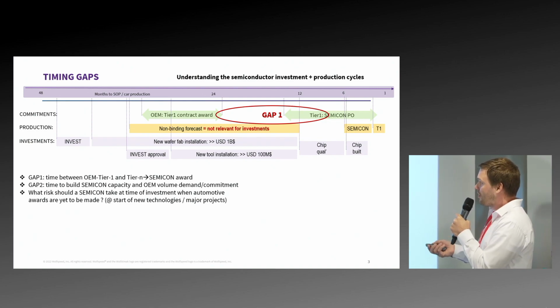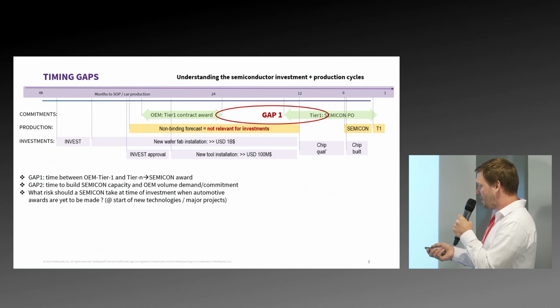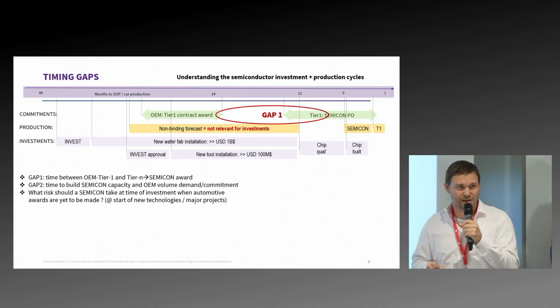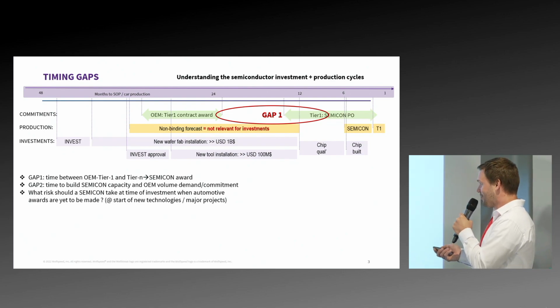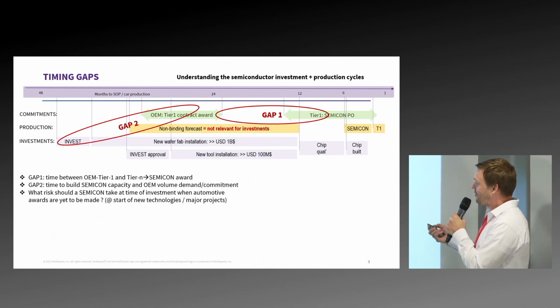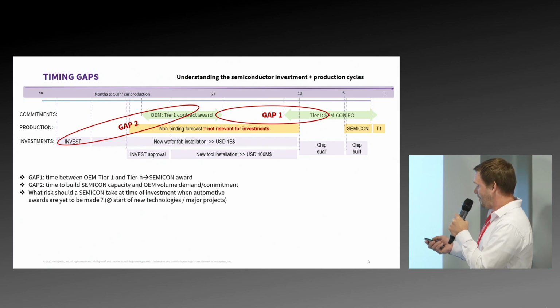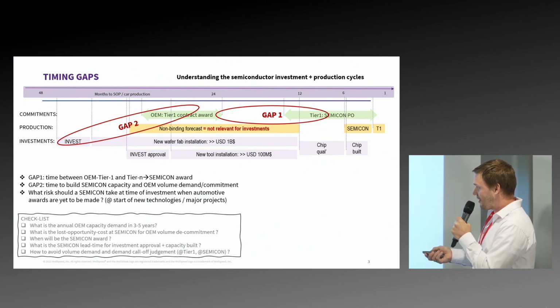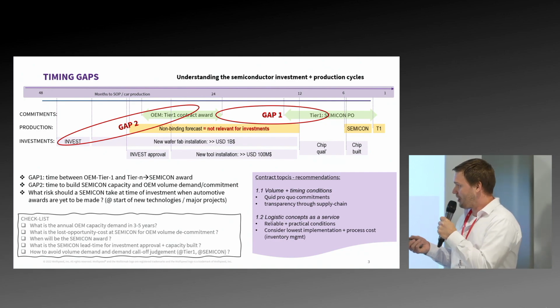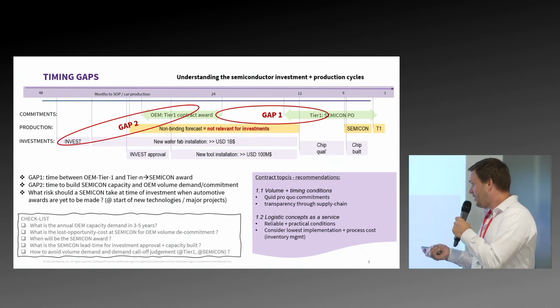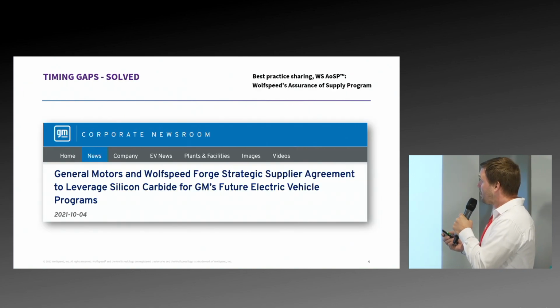Because you have to install all the new tools, you have to order them, and as I know, the lead time for machines is not very short at the moment. So those gaps are what we need to address. There are some checklists that can be done with the OEM to secure the demand in a couple of years. I don't want to go too deep into details.